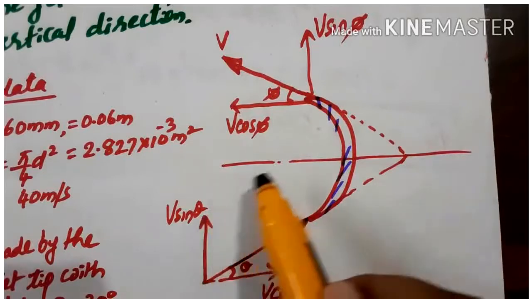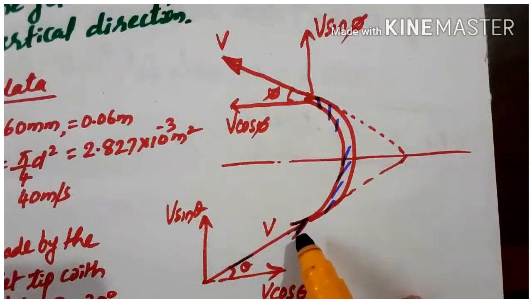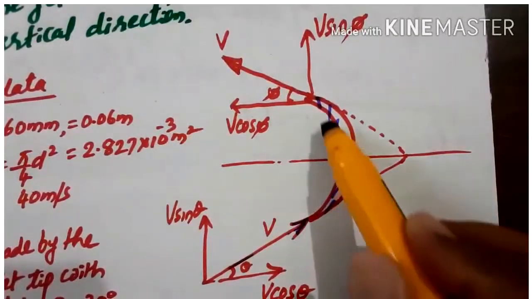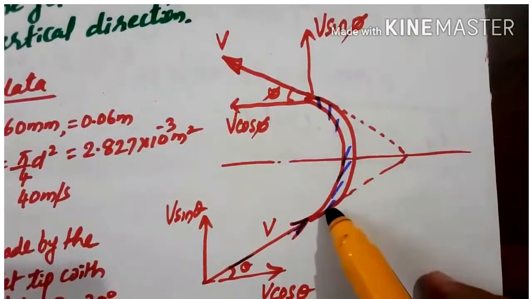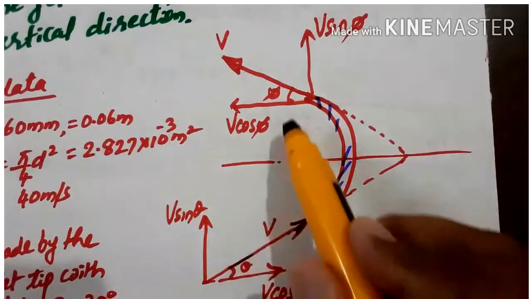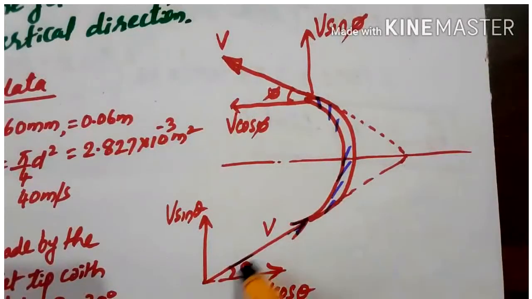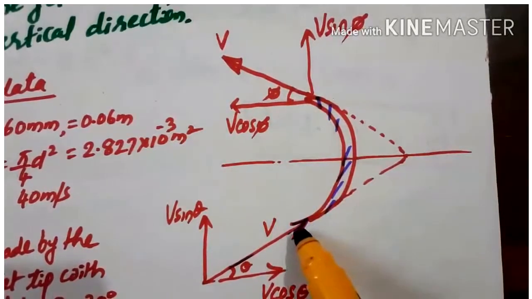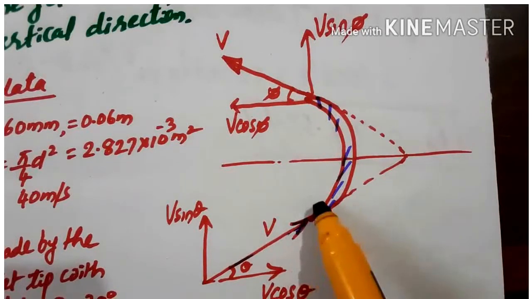So this problem is an unsymmetrical case, since this curved vane is placed unsymmetrically, and also the inlet angle and outlet angle are different, that is, the entry angle and the exit angle are different. So this case is to be treated as an unsymmetrical case. In this case the velocity is given and the angle with which the jet is entering the vane, that is theta, is given. So that is 30 degree.